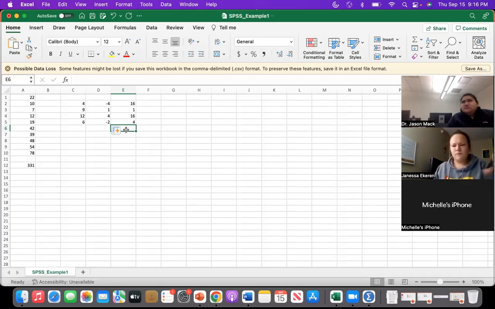Now we can do the sum of the squares. We just take all of these values to the second power. And if we square all these down, those are all squared.